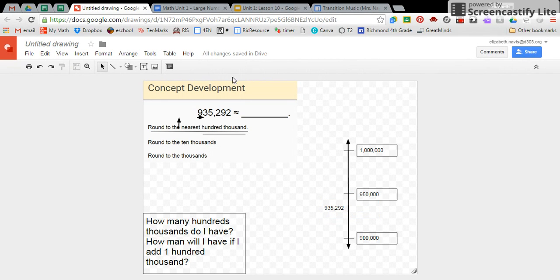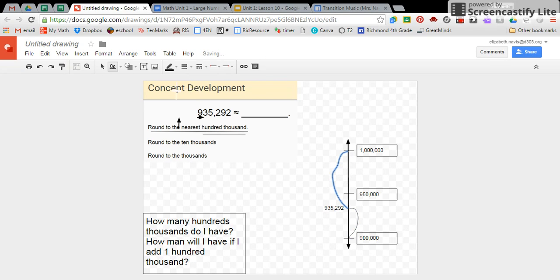Okay. What's our next step? I hope you remember that our next step is to check our jumps. So we're going to jump from 935,292 down to 900,000, and we're going to do it up from 935,292 to 1 million.